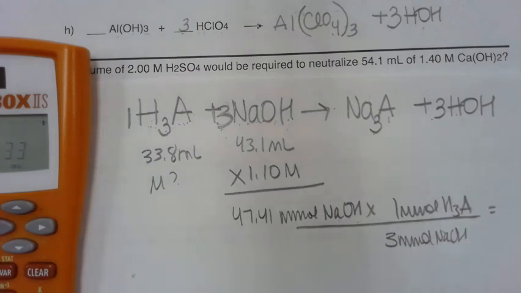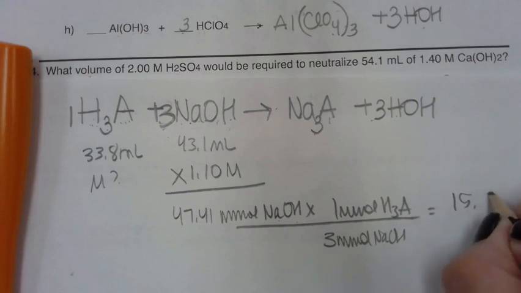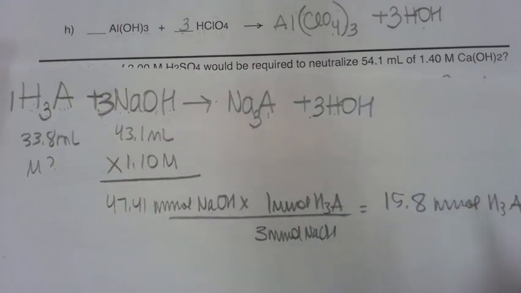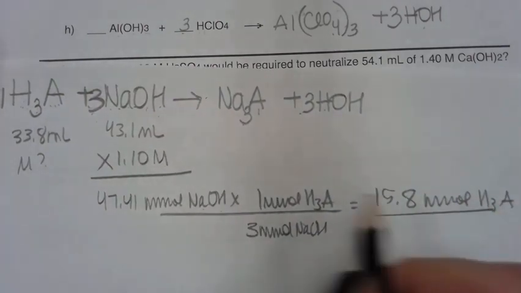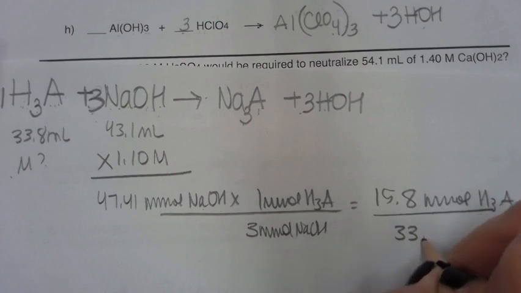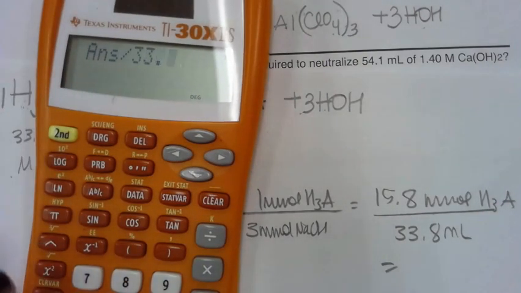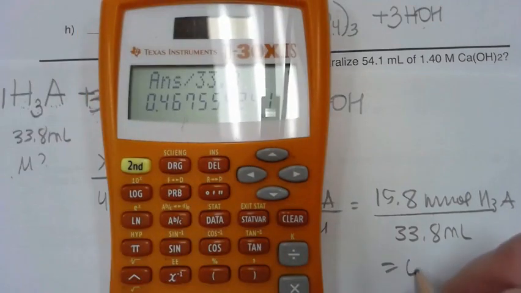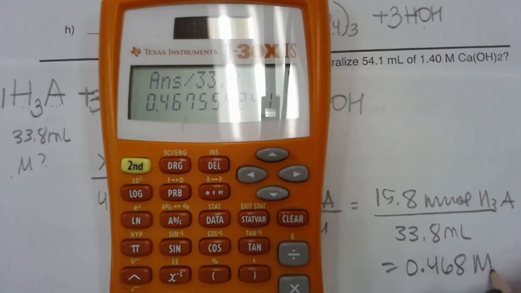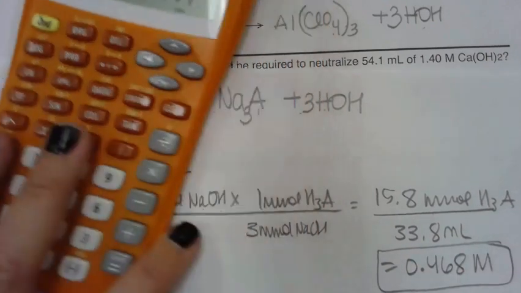Divide that by 3. 15.8 millimoles of the H3A. And then you take your millimoles, divide it by those milliliters, and that'll give you your molarity. Done.